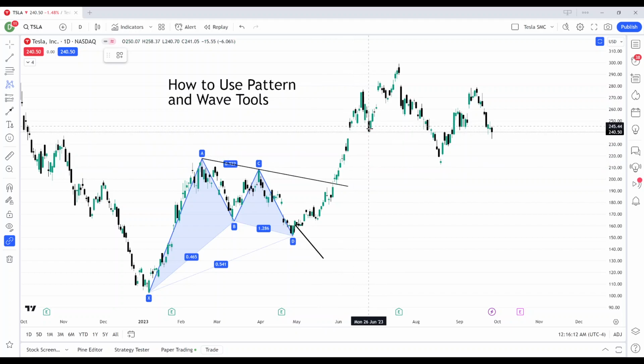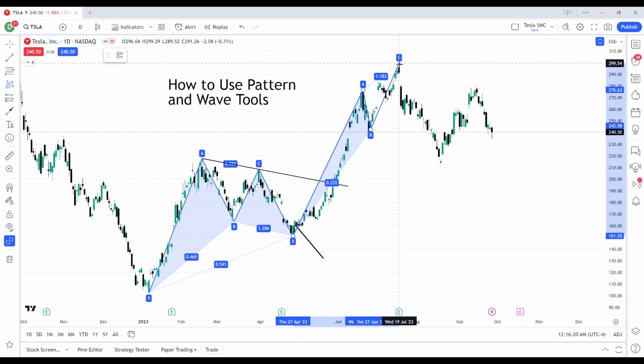I'll go ahead and show you one more. Let's look at this move here.